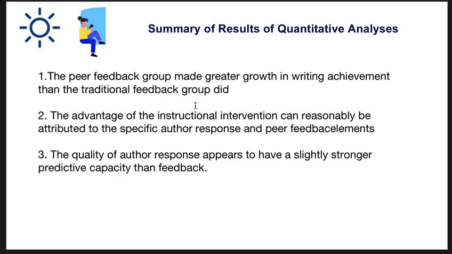Secondly, the advantage of the instructional intervention can reasonably be attributed to the specific author response and peer feedback. And thirdly, the quality of author response appears to have a slightly stronger predictive capacity than feedback.